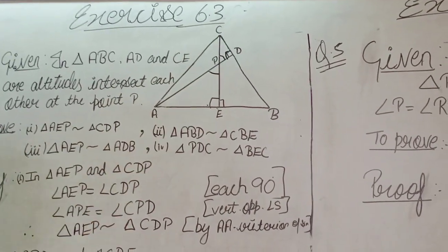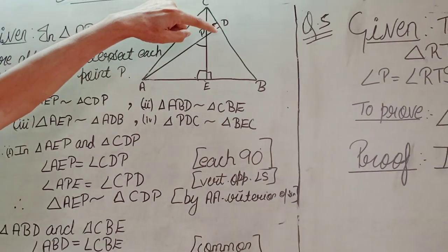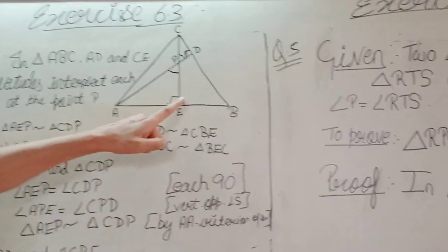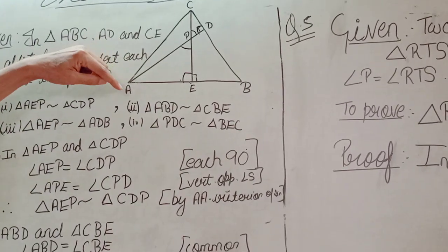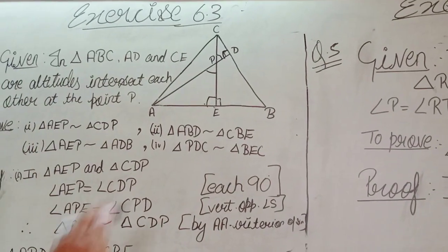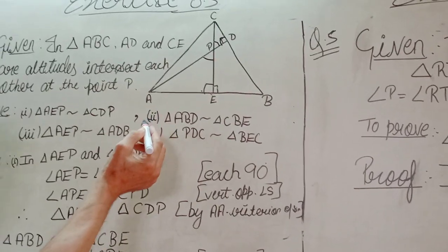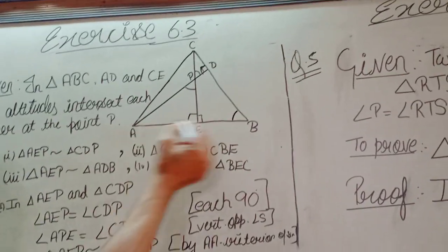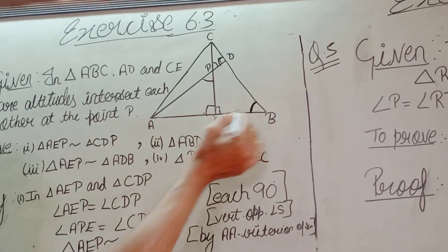When we look at triangle ABD, we have one angle equal to 90 degrees, and in triangle CBE also this angle is 90 degrees. Then angle ABD and angle CBE, this angle is common in both the triangles.